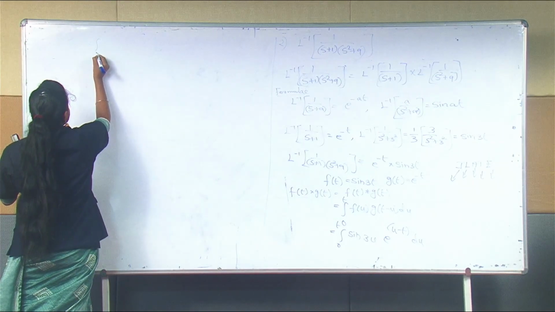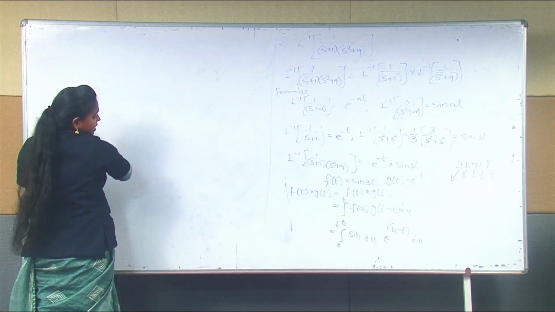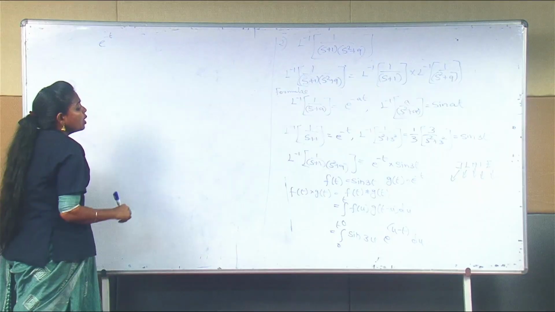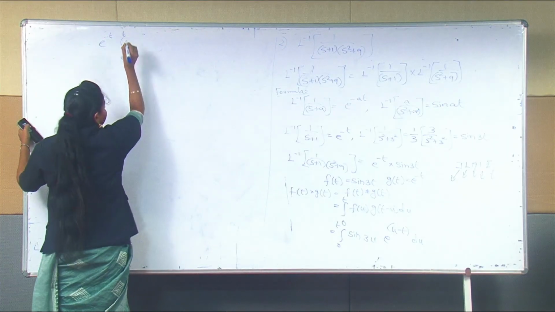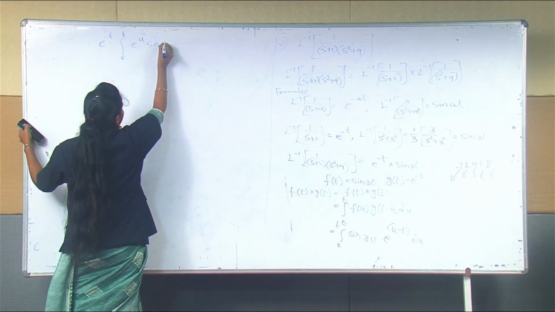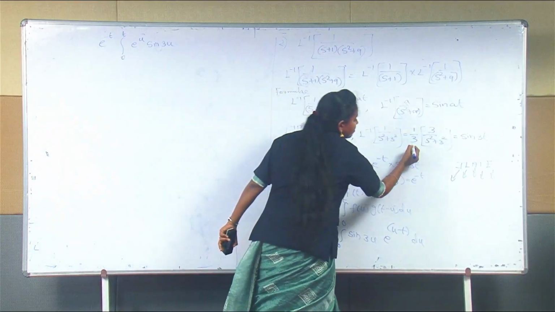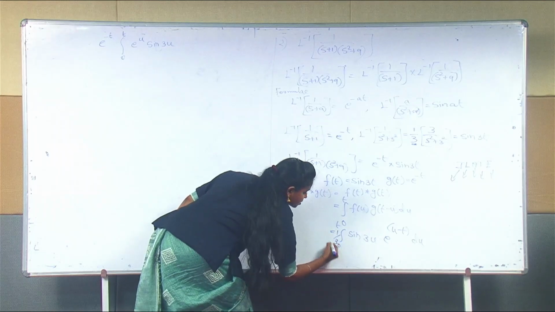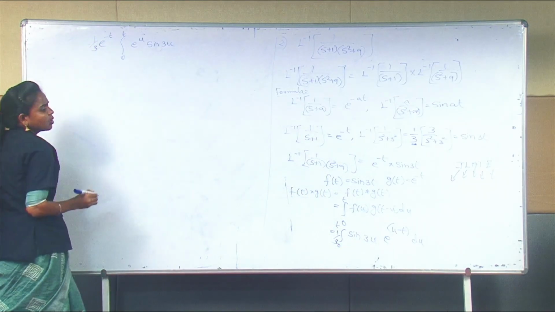Finally, we can write this equation as integral 0 to t. e power minus t is your constant. I am taking out e power minus t, 0 to t e power u into sine 3u. Here keep in your mind, we have 1 by 3 also. Okay.